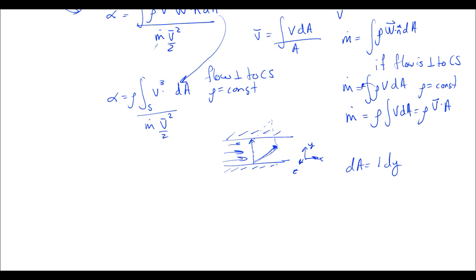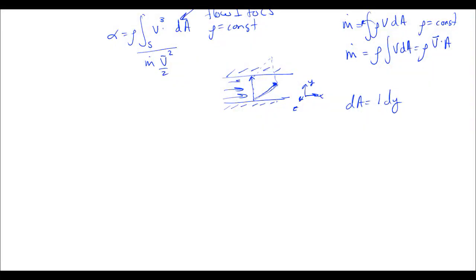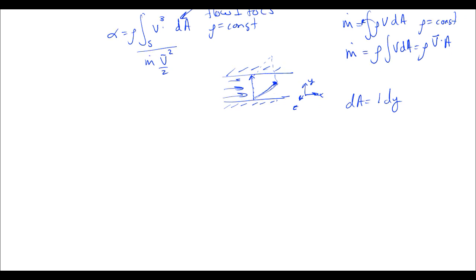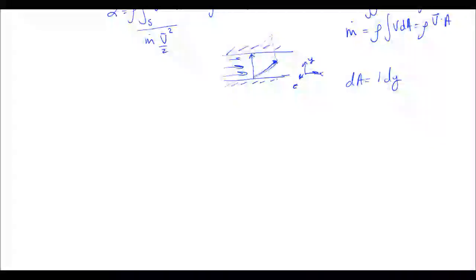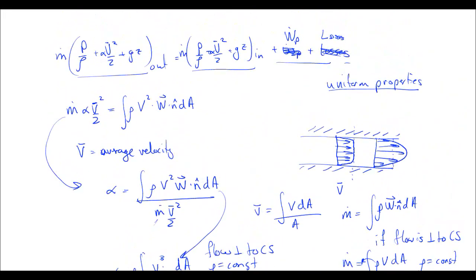The other important thing to talk about is the minor loss coefficient. A minor loss coefficient is a way of modeling the losses that occur here.